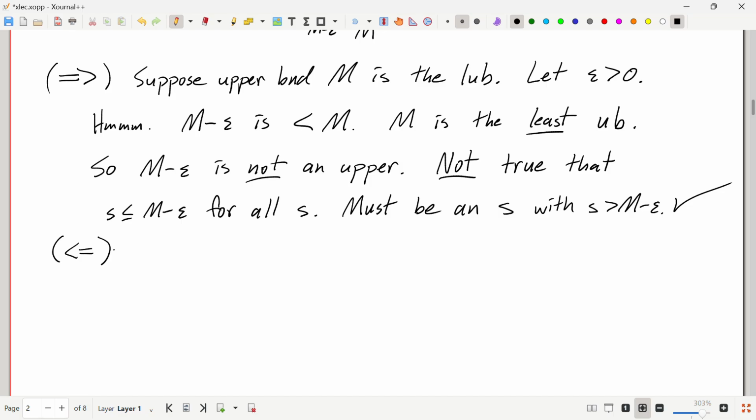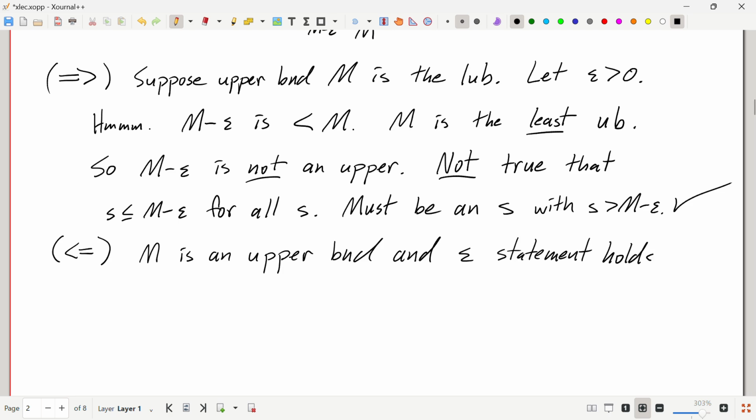So M is an upper bound, and the epsilon stuff is true for M. Well, let's see.